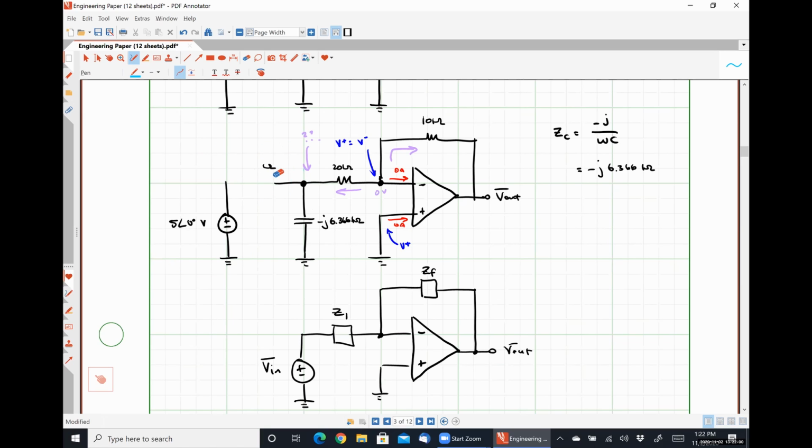So I could convert it into a current source, right? 5 divided by 20 kilo ohms is going to give me what? 5 over 20 is 1/4. So I'm going to have 1/4 angle 0 degrees milliamps.